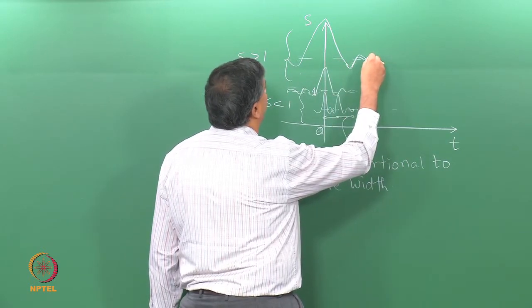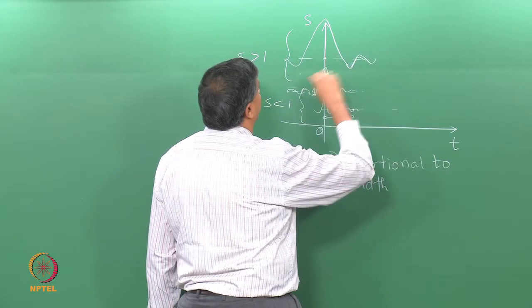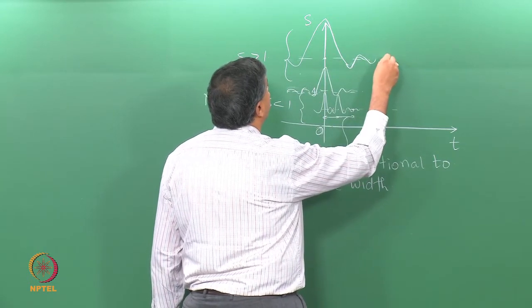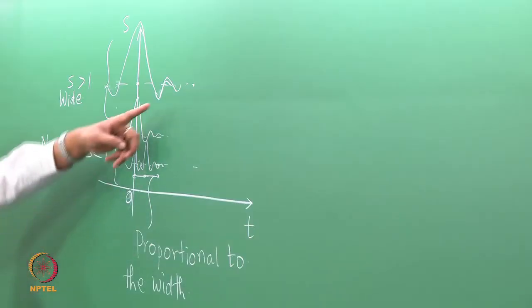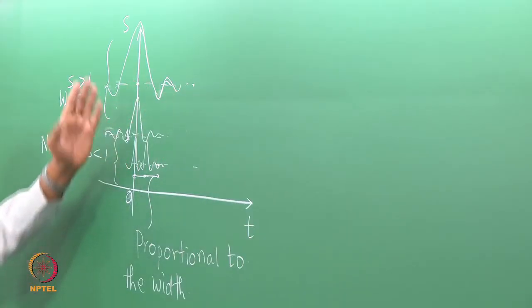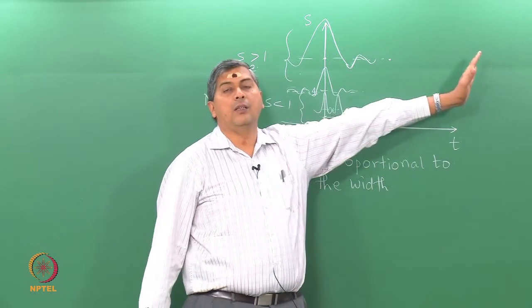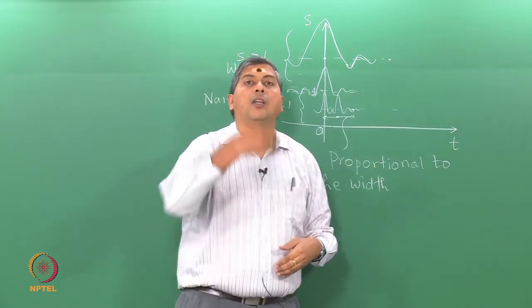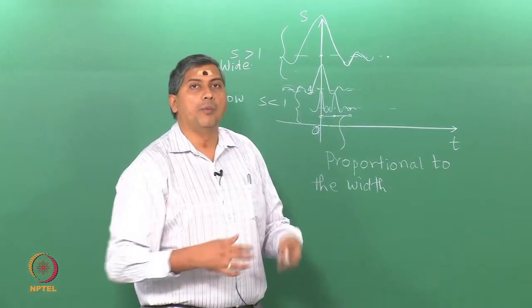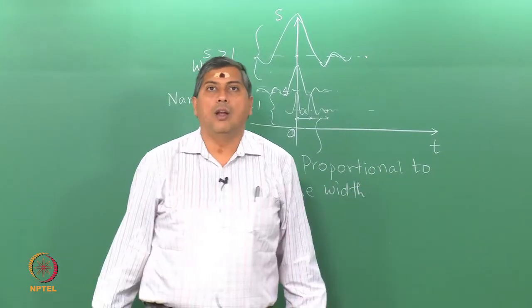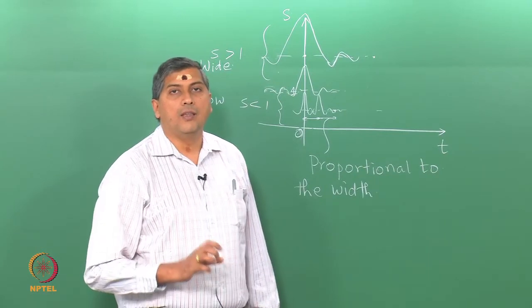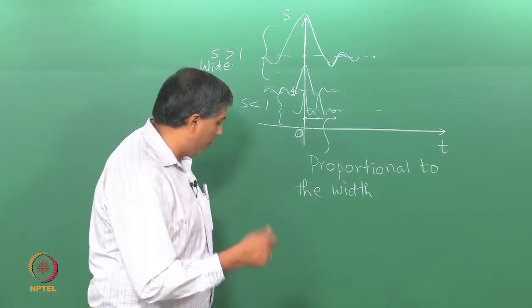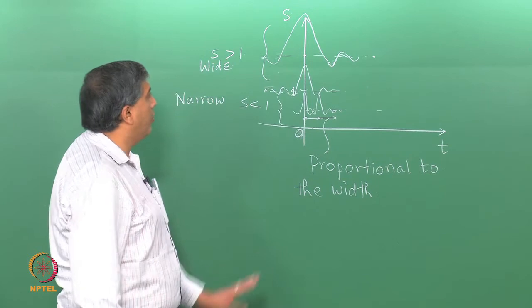Here is the center of the wavelet to begin with, and the next center could be somewhere here, qualitatively this far. So, you can see that wide wavelets are taking larger steps. It is like a tall person being able to take long steps ahead, and a person who is short is actually taking more frequent steps. So, that is about it.